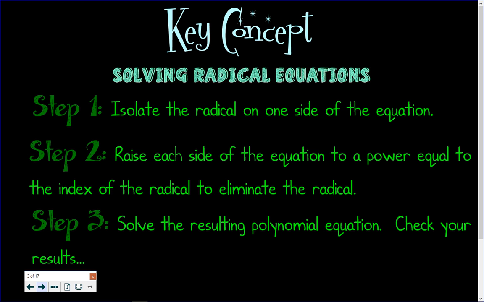For example, if you have a square root, then I would raise it to the square. If I have a cube root, then I would raise it to the cube. If I have the fourth root, then I would raise it to the fourth power. That's basically all that means. Step 3, solve the resulting polynomial equation, and then you got to check your results. Got to check your results.